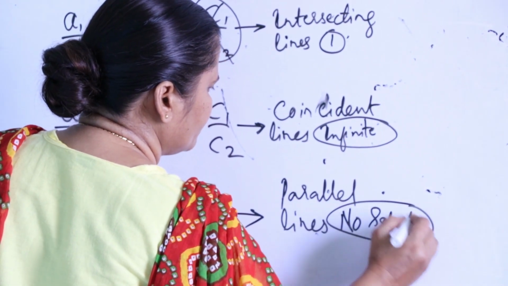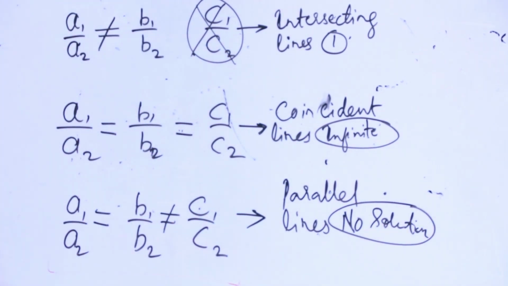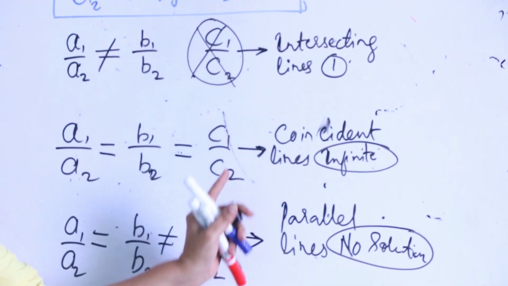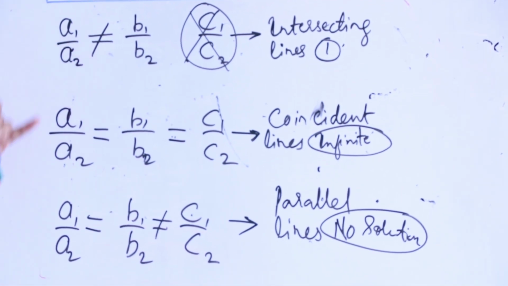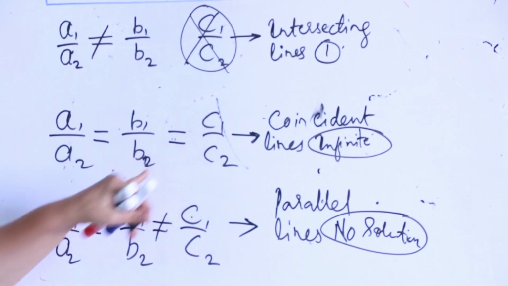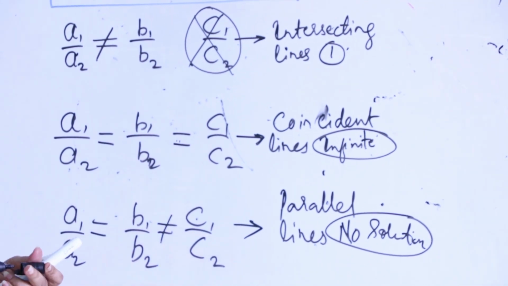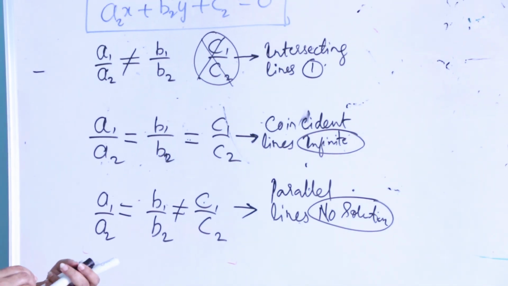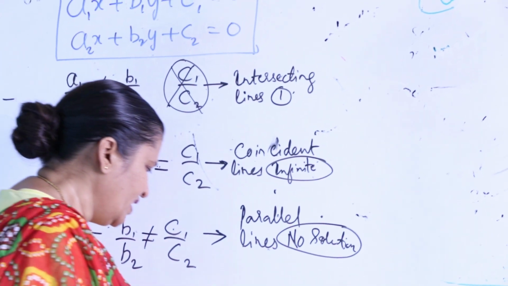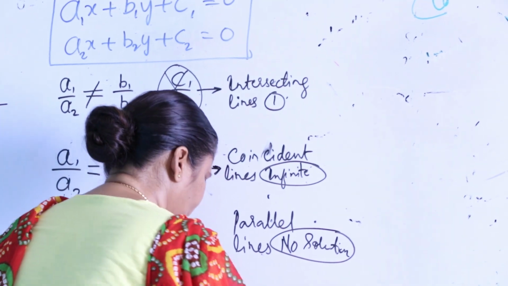No solutions. Very important to remember this. One, infinite, no solution. What's the relationship? A1 by A2 is not equal to B1 by B2 for intersecting; equal, equal, equal for coincident; equal, equal, not equal for parallel. With examples of equations, you will be able to understand better. I'll just give you some examples.